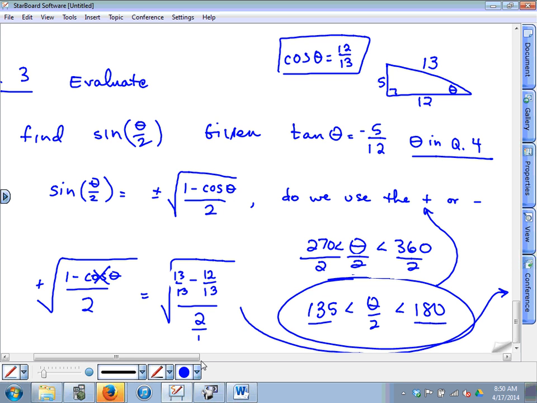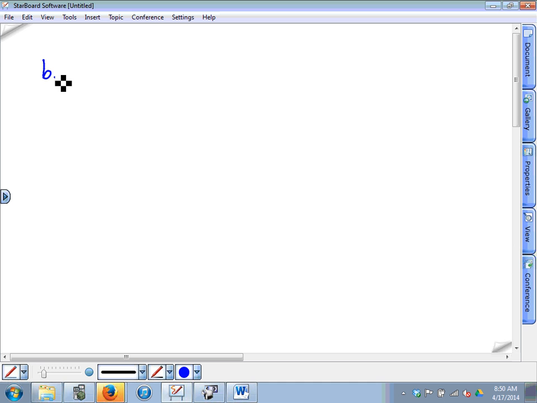Let's try another one of those. Let's call it example 3 still, but part B, because they're pretty much the same thing.